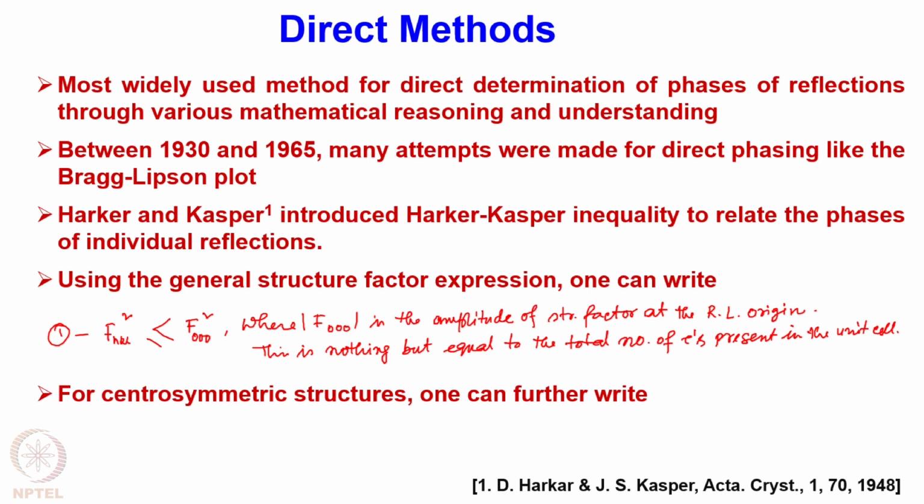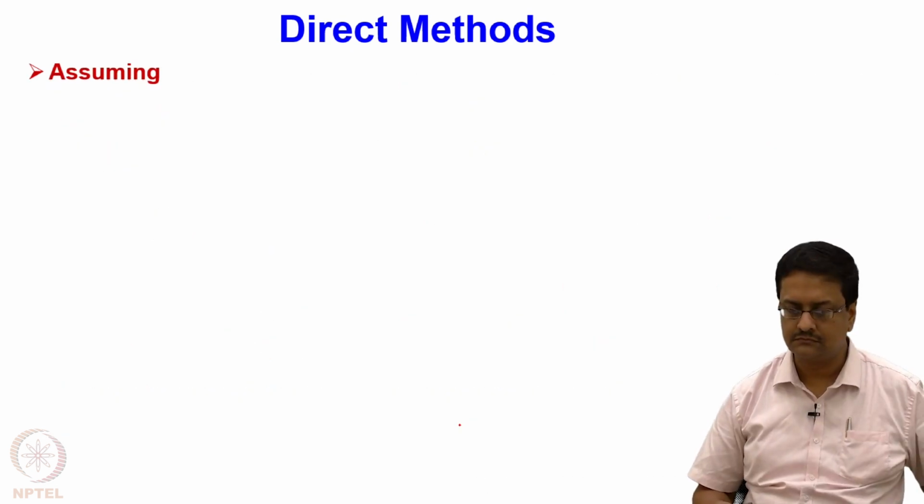This expression can be modified for centrosymmetric structures as the following, which we write as equation number 2: F_HKL squared is less than or equal to F_000 into half of F_000 plus half of F_2H2K2L.